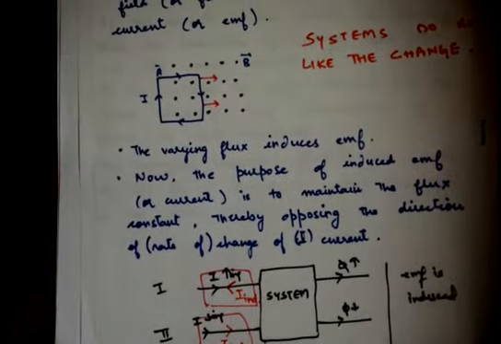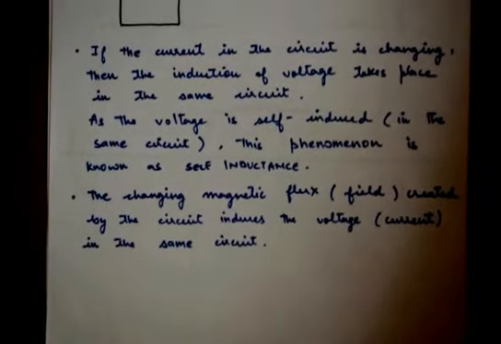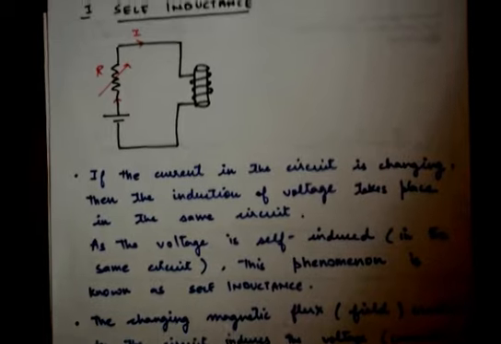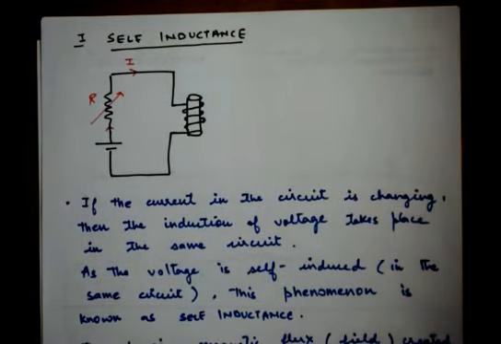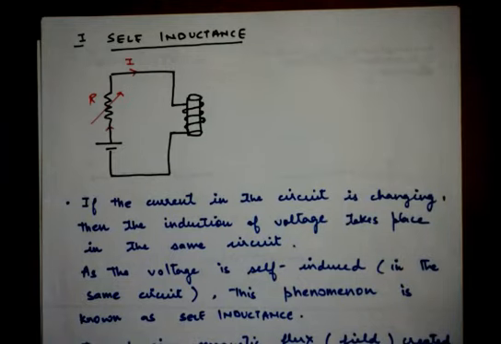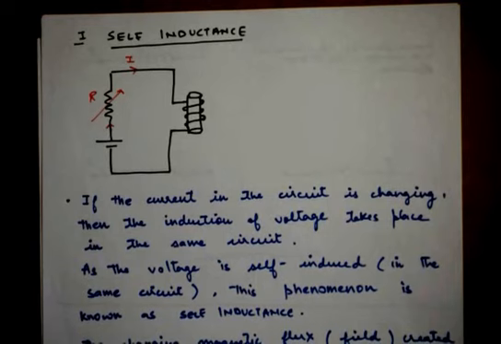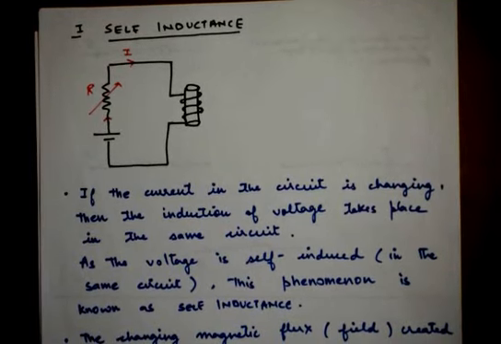Now we will move to our main topic, which is self-inductance. These two laws are very important for understanding the concept of self-inductance. Now you can all easily understand the concept of self-inductance. So let's look at its definition first.